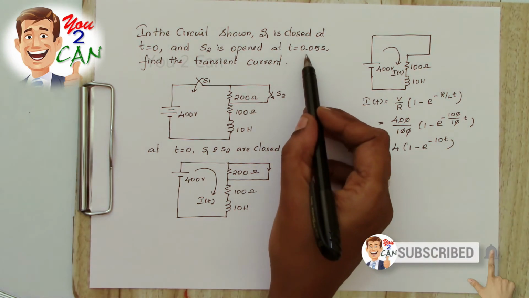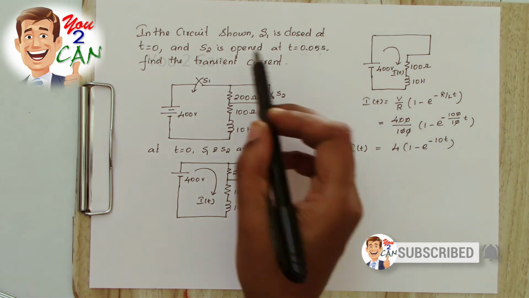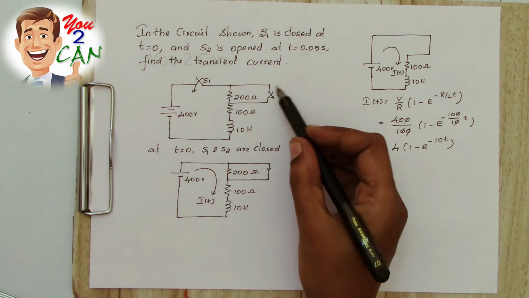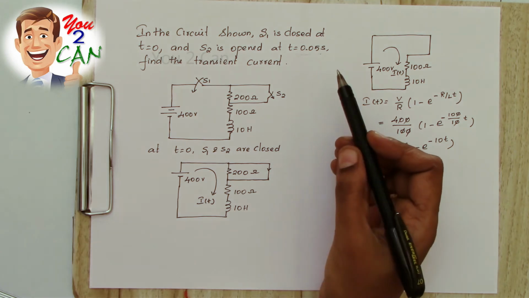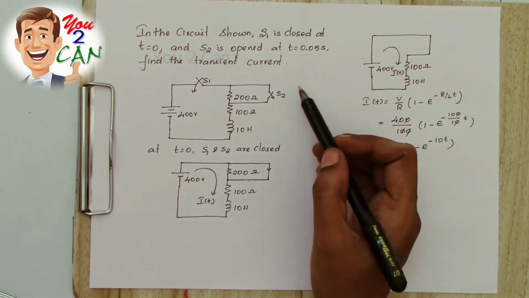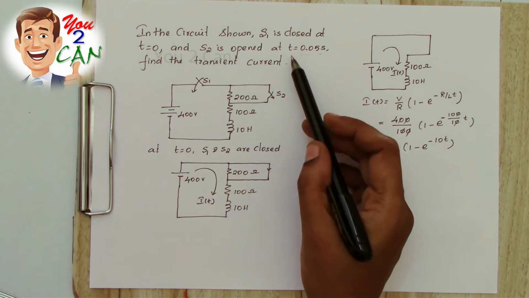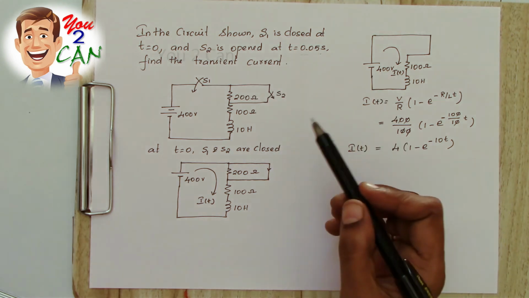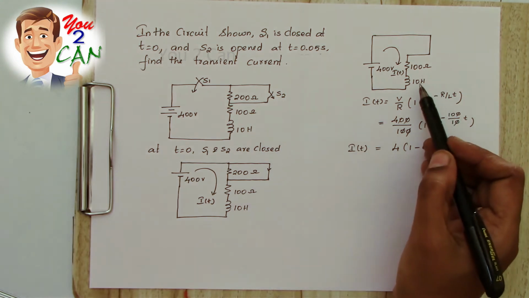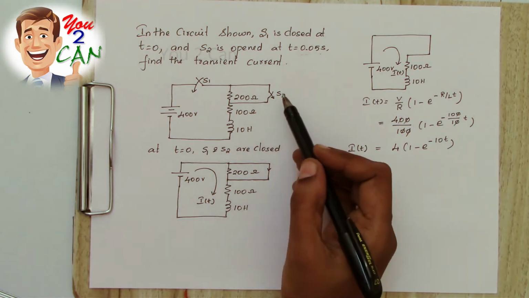After 0.05 second, S2 is opened. And the current we are calculating at 0.05 seconds is the initial condition for the inductor when S2 is opened.